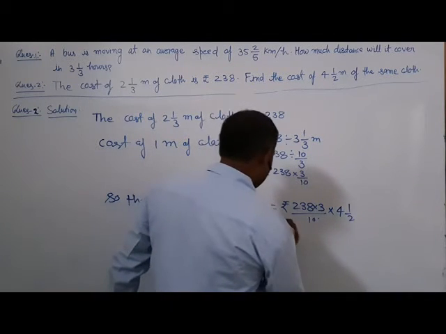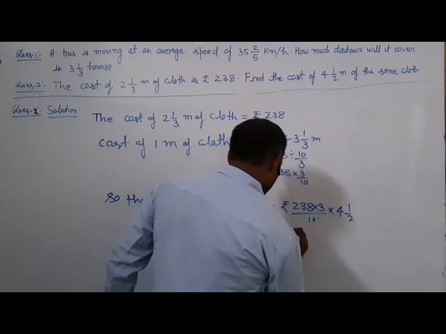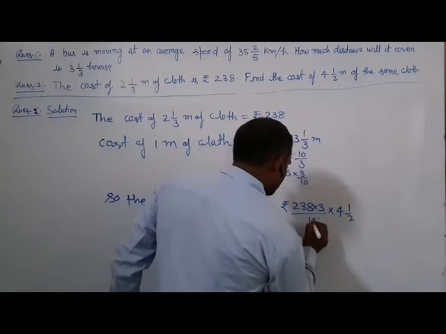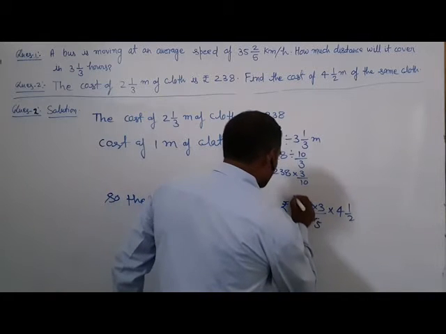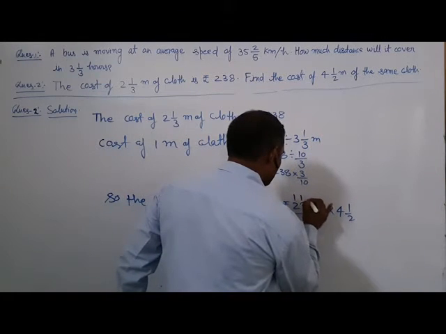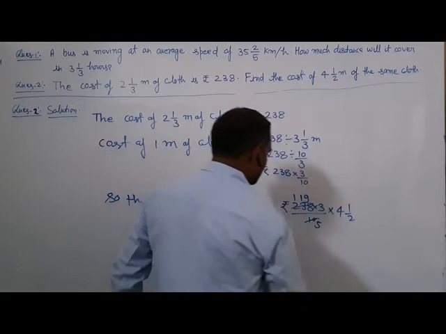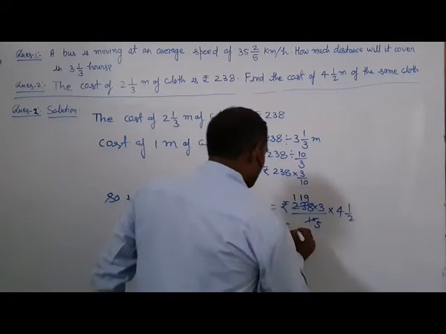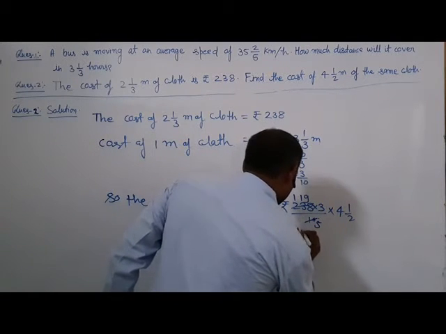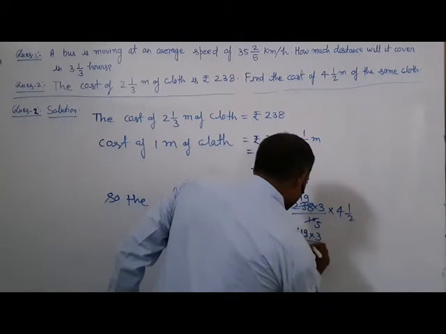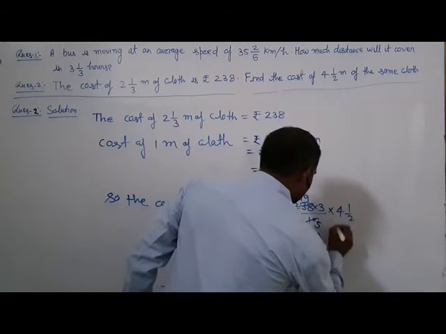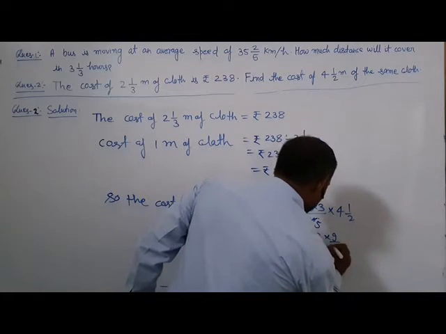So rupees: 2 times 4 is 8, plus 1 is 9, so 4 1/2 is 9/2. 238 by 7, into 3, into 9 by 2.